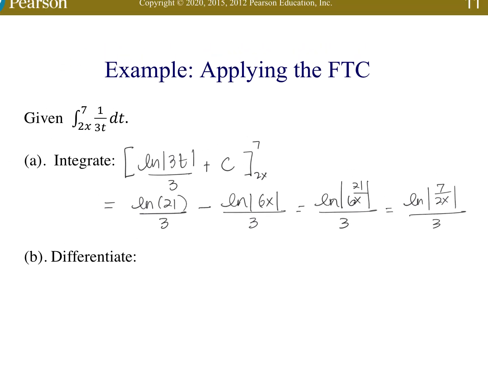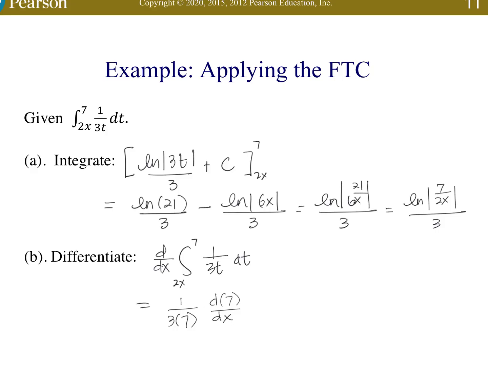So to integrate an integral, you need the antiderivative. To differentiate the integral, the function itself remains unchanged. So to differentiate, I'll do d dx applied to the integral from 2x to 7 of 1 over 3t dt. In that case, the 1 over 3t remains unchanged. And so it's 1 over 3 times 7 times the derivative of 7 with respect to x.